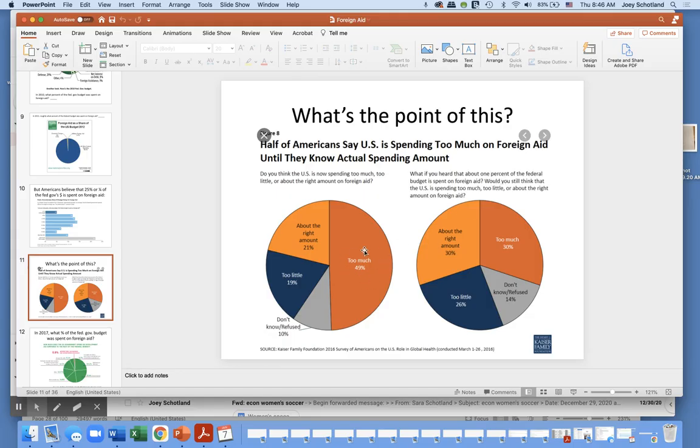And you see that then the answers change a lot. Only a third says we're spending too much. And look at this, the amount of Americans who say we should spend more goes up. So are Americans well informed when it comes to how much the federal government spends on foreign aid?